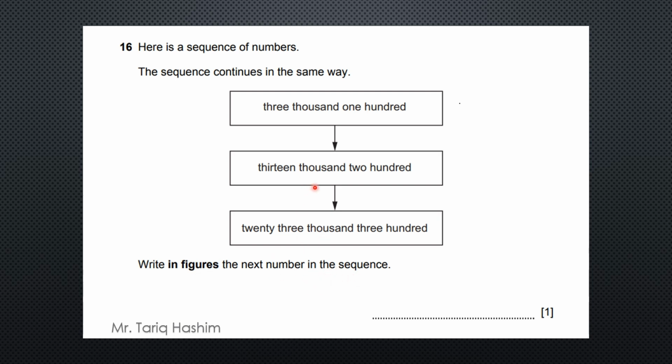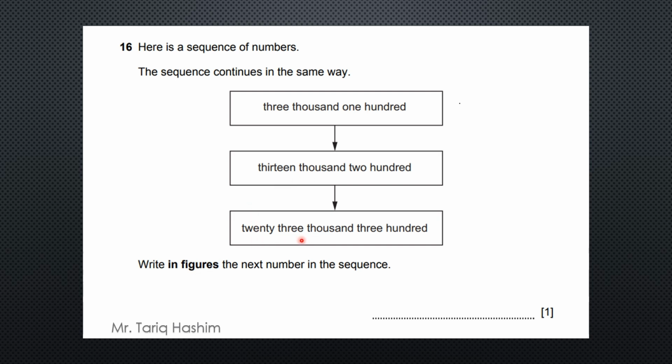So obviously this sequence has two parts. We have the 1,000s part here and the 100s part. So look at the 1,000s part. We have 3,000, and it becomes 13,000. So we add 10,000 here, and then 13,000 becomes 23,000.